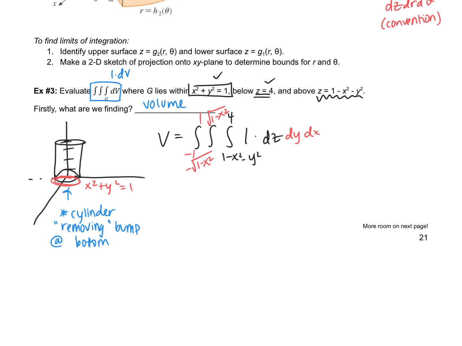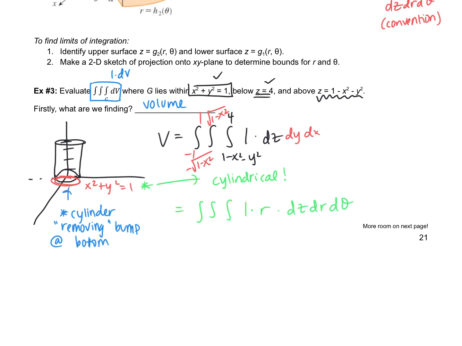Similar to polar, anytime you see a circle like this, it indicates that cylindrical might be your better option. So we're going to convert this to cylindrical. We still have that 1. As soon as we convert to cylindrical, we have an r. And convention then is dz, dr, d theta.